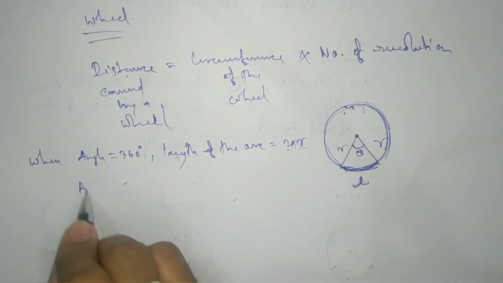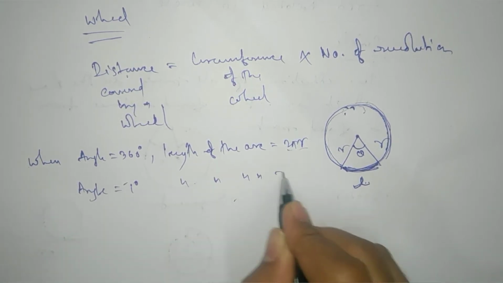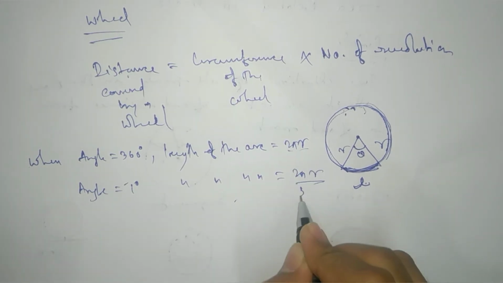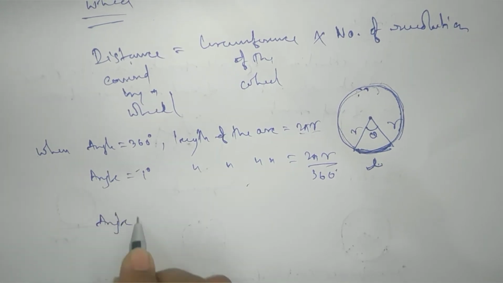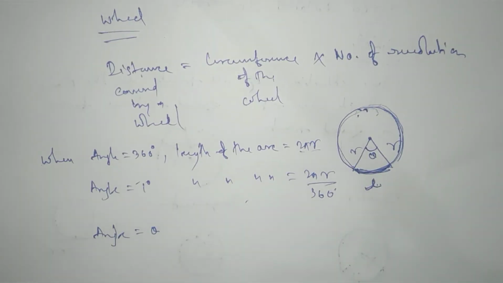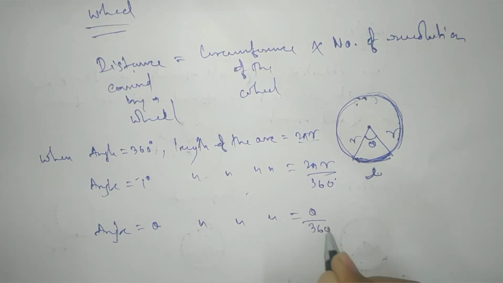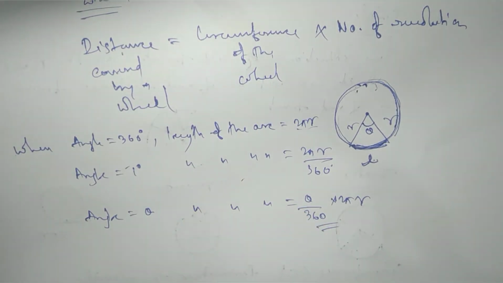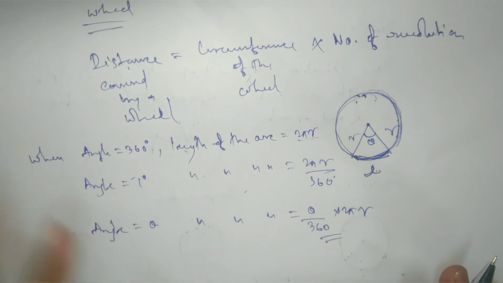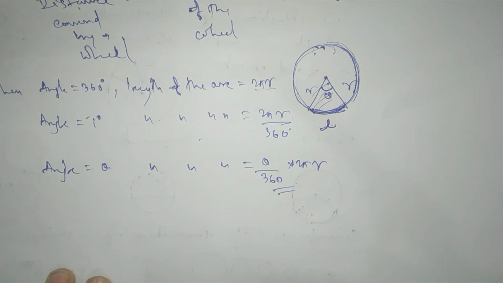That means when the angle equals 1 degree, the length of the arc will be 2 pi r by 360. And therefore when the angle becomes theta, theta meaning any variable, the length of the arc equals theta by 360 into 2 pi r. This is the formula for the length of the arc. And for the area of the sector, same concept, this will be your area. So how are you going to find it?